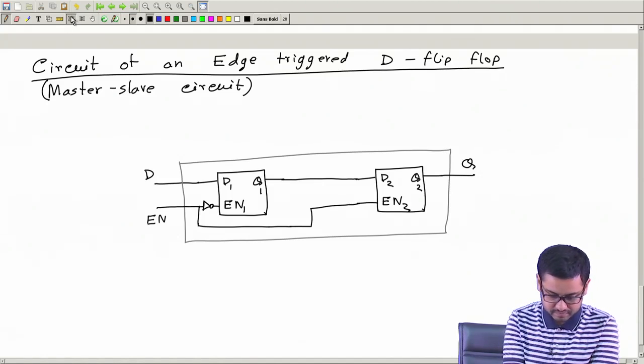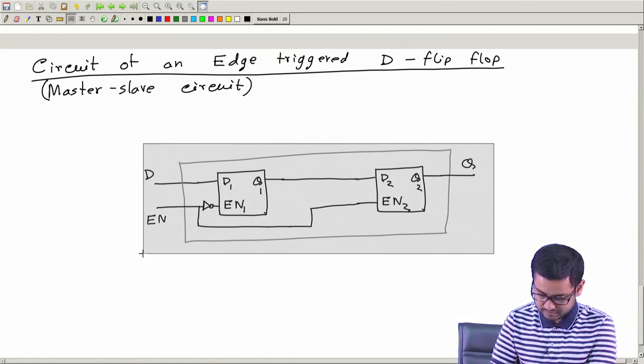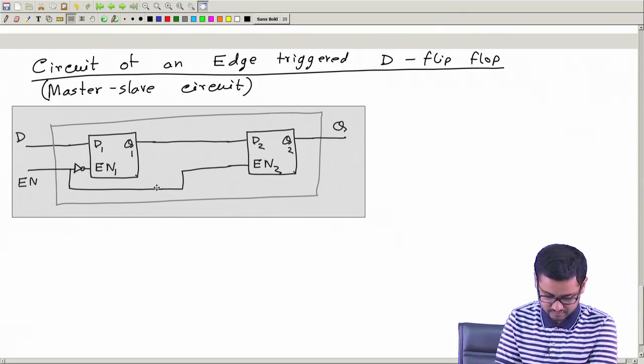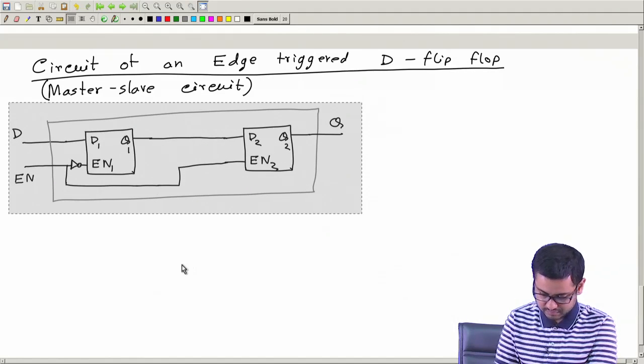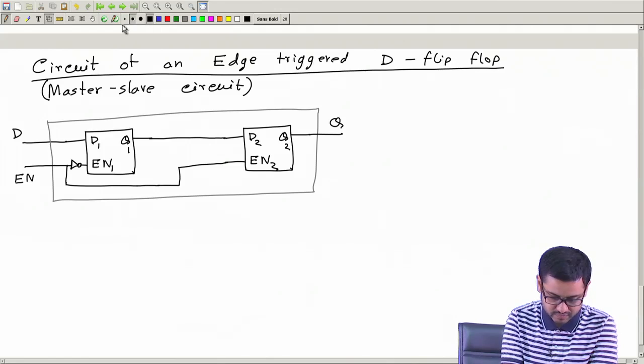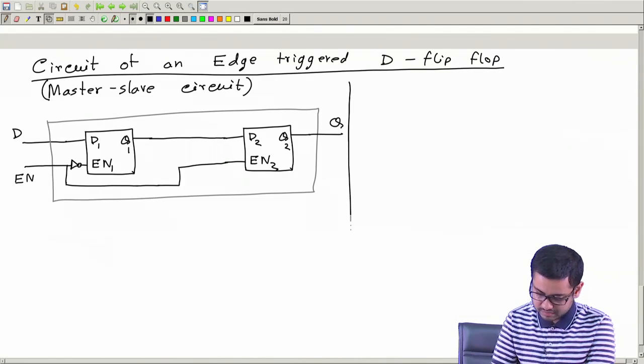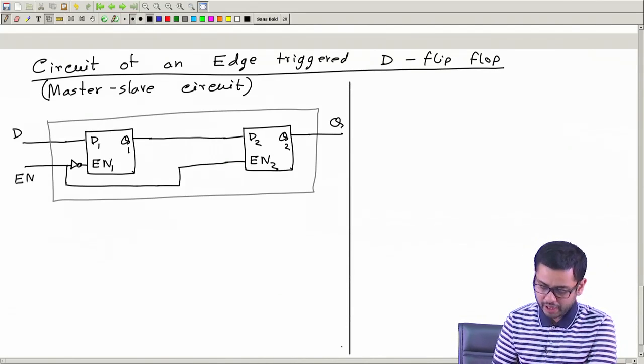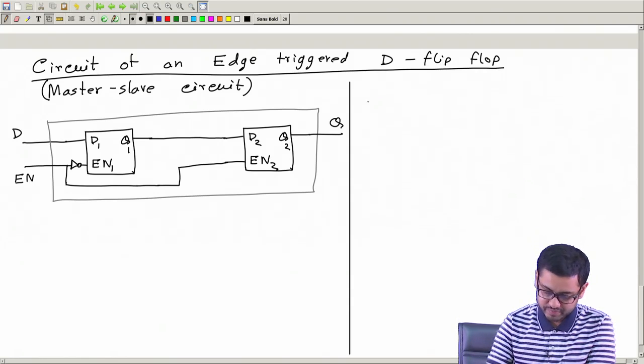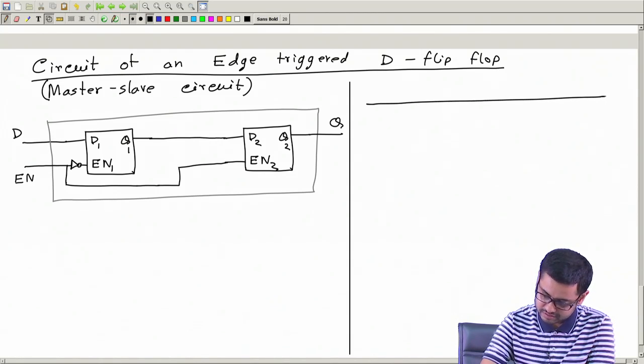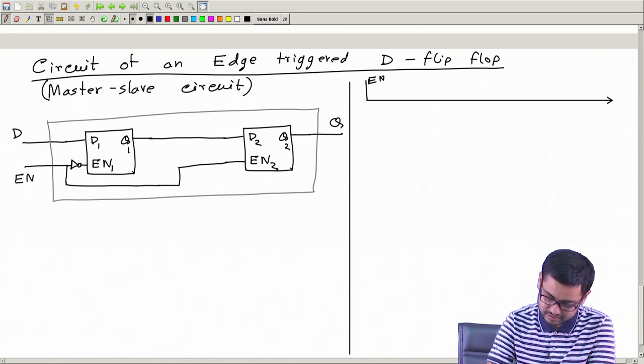Okay. So, what I will do, I will draw once again some timing diagrams. Let me first draw enable. Say maybe this is like this.